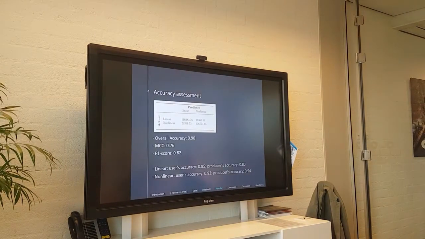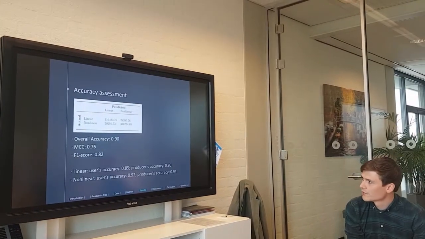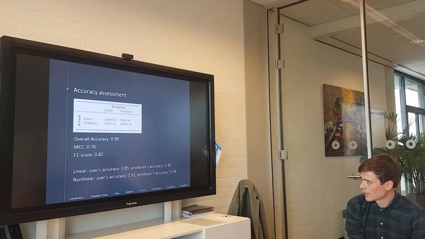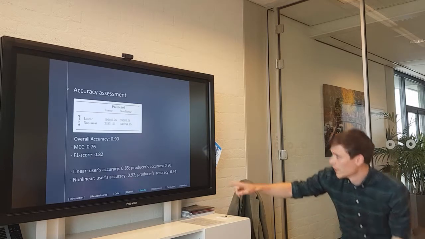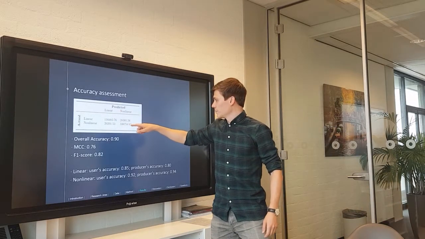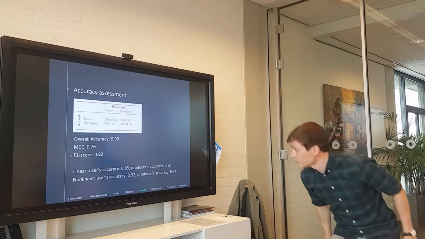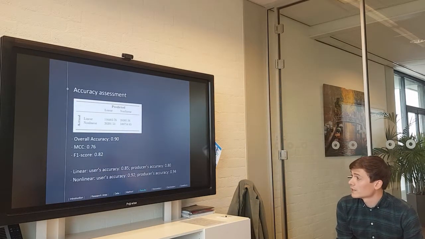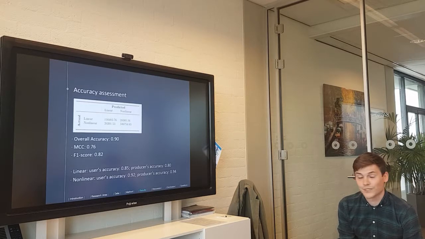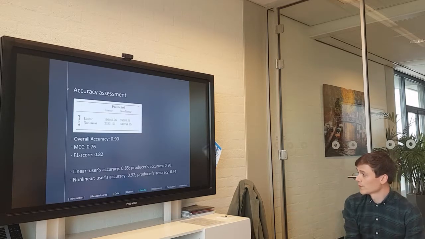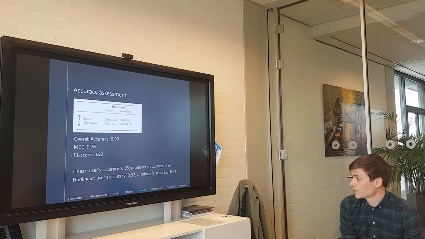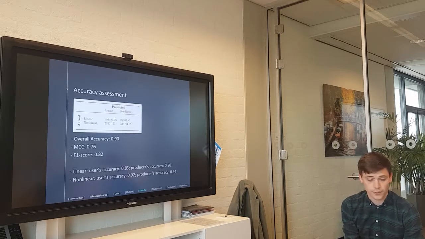In more numbers, here we're comparing the area of the predicted and the actual, and again you see that the area of the true positives and the true negatives is way bigger than the false. This shows an overall accuracy of 0.9, a Matthews correlation coefficient of, again by coincidence the same as before, 0.76, and an F1 score of 0.82, with also very good users and producers accuracies for both the classes.